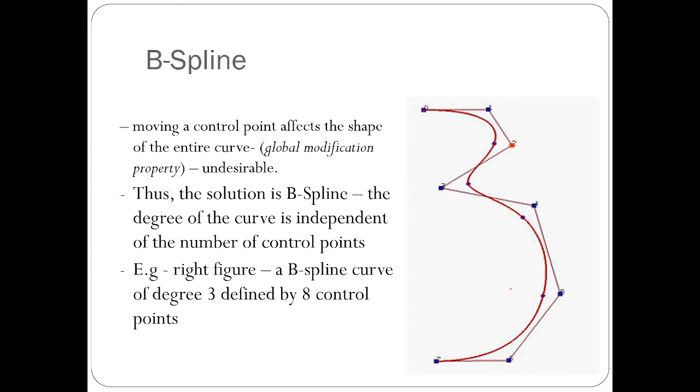The degree of the curve is independent of the number of control points. Right figure: a B-spline curve of degree 3 defined by 8 control points. This is the curve.